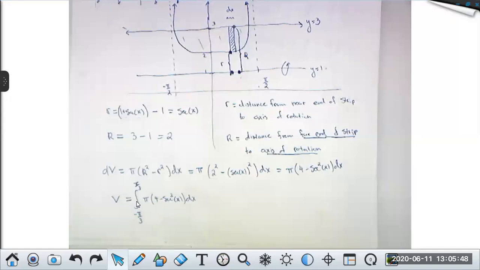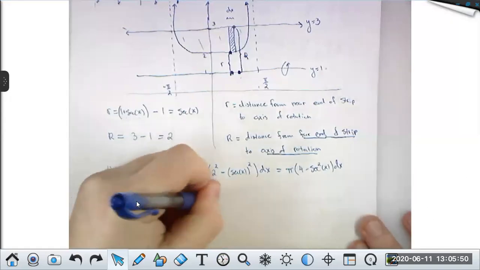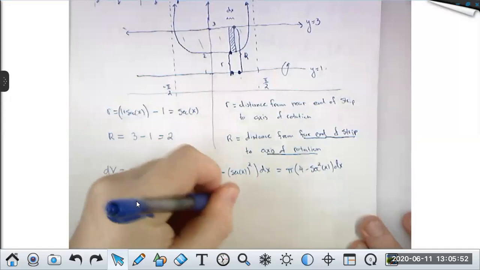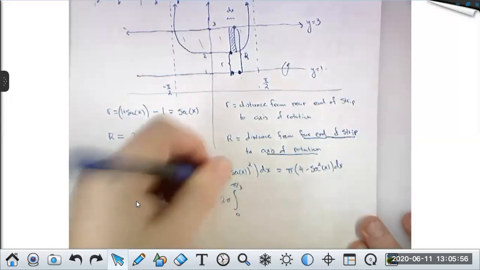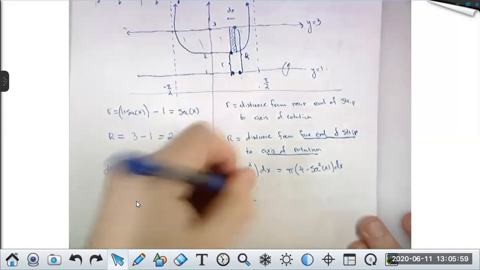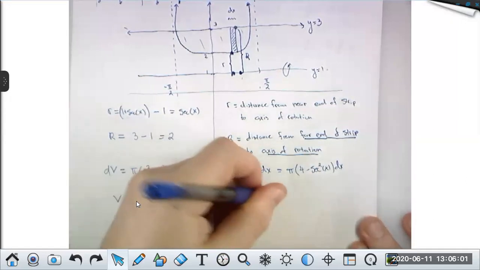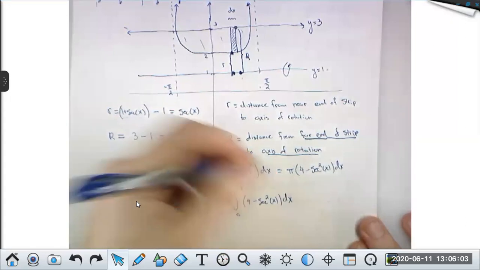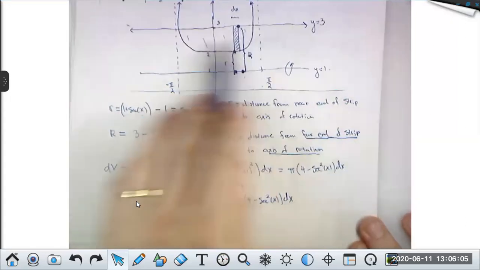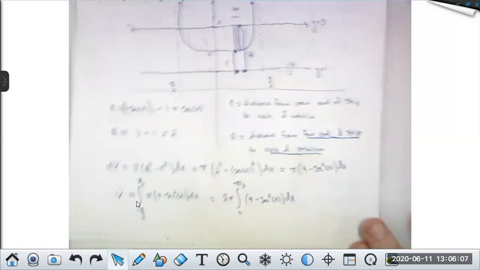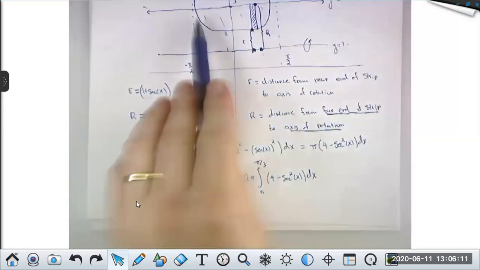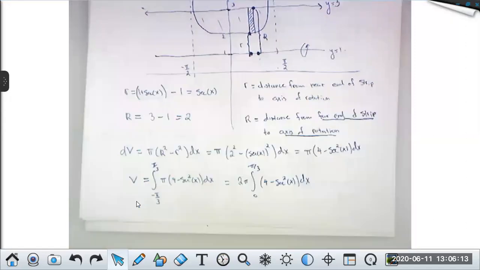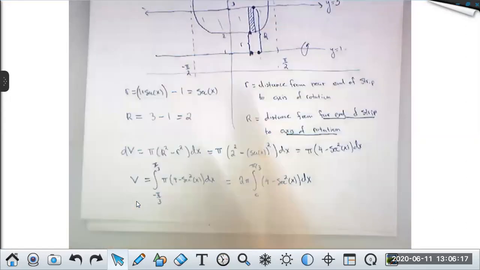True. We can call this pi, well, 0 to pi over 3, 4 minus secant x. We're using the symmetry there. This is symmetric about the y-axis. Take what we would get from the right half and double it.